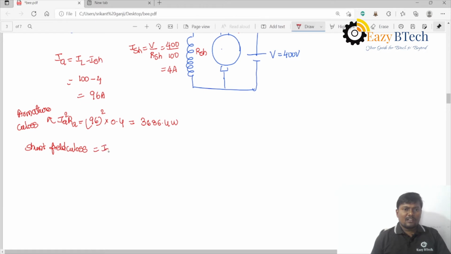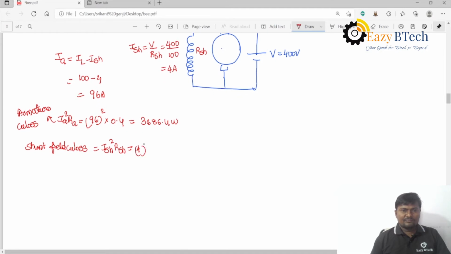It should be equal to ISH squared into RSH. That is 4 amperes squared into RSH. The RSH value is 100. So that should be equal to 1600 watts. Now what are the total losses? We know that stray losses plus shunt field copper loss are the constant losses.